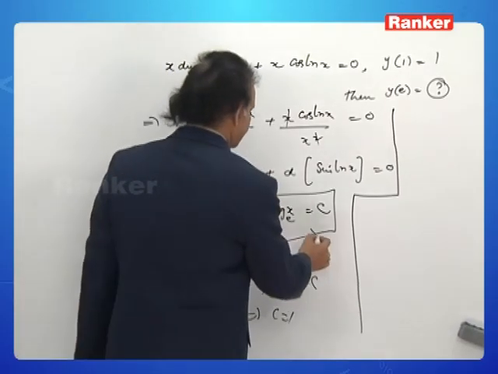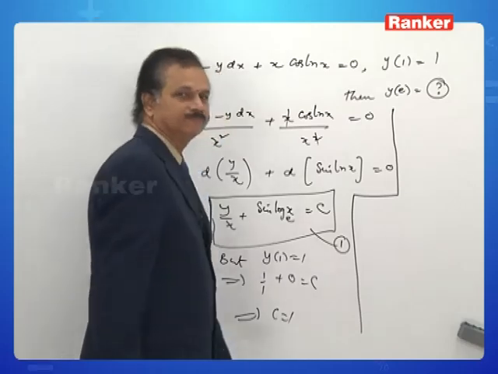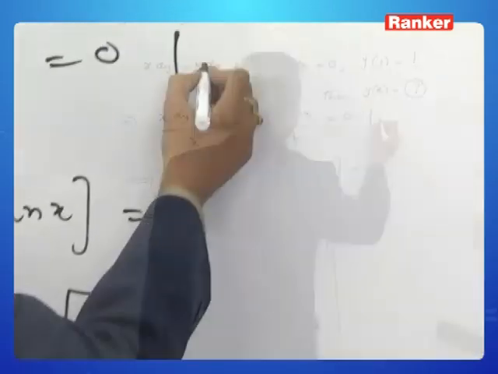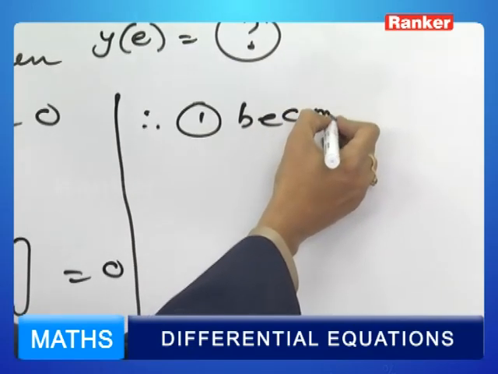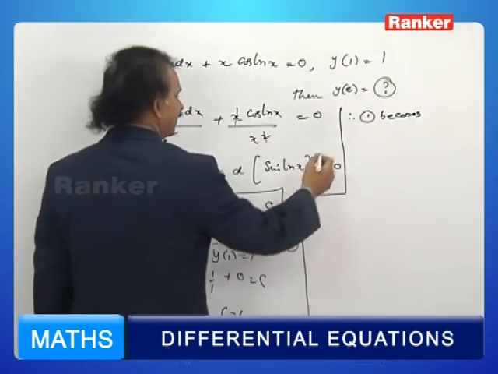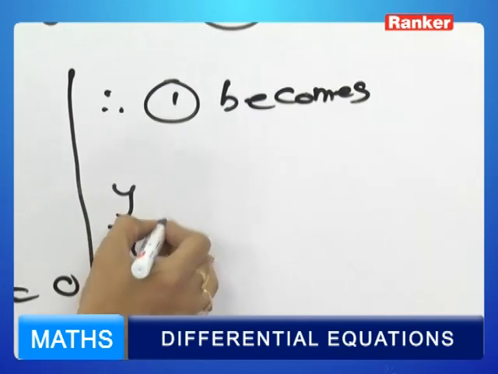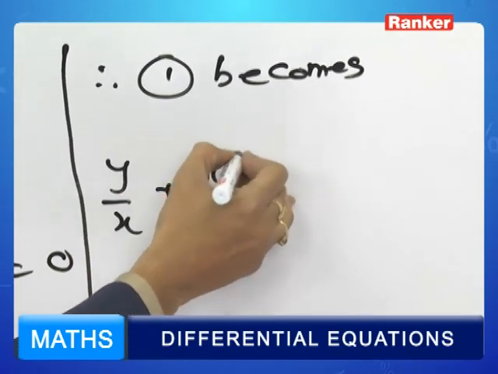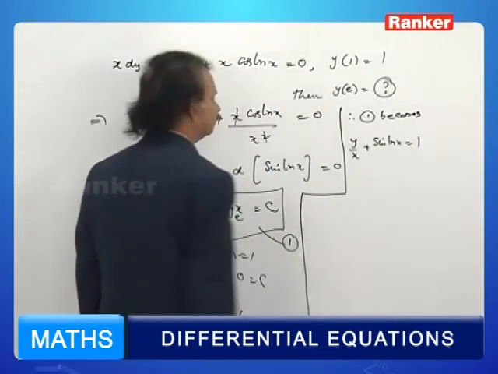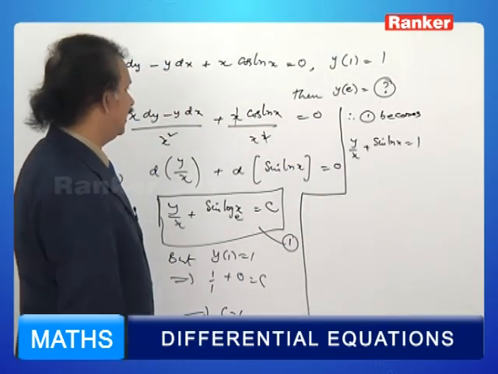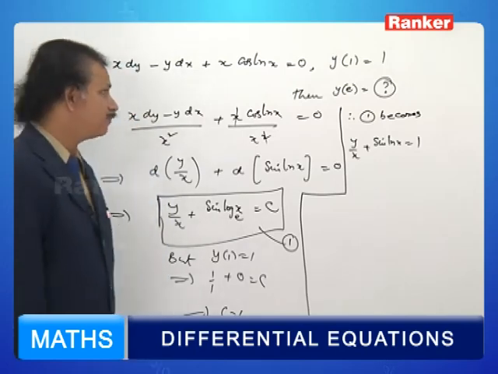Let me name this equation 1. Therefore, equation 1 becomes y/x + sin ln x = 1. Well, let us now approach the question.